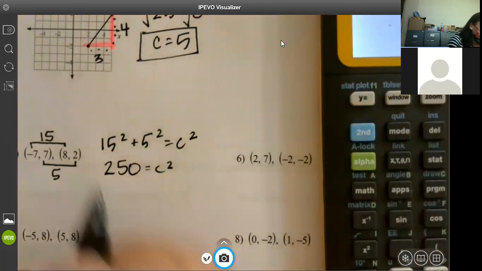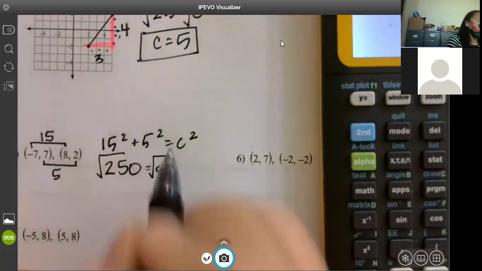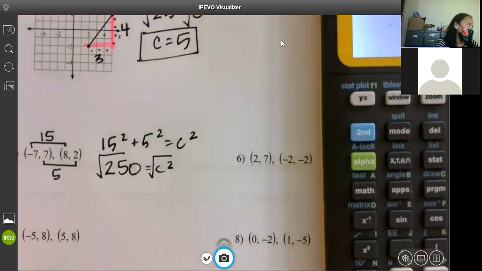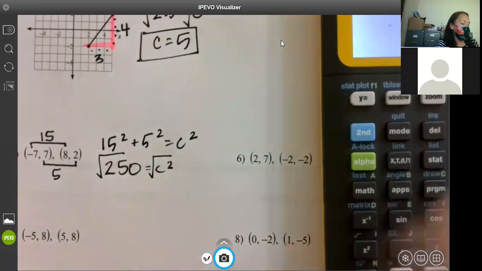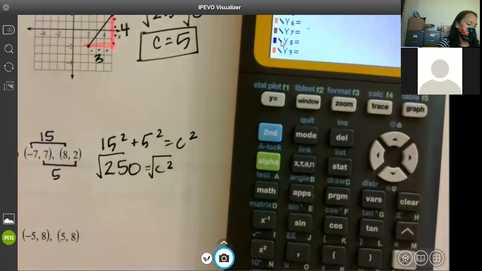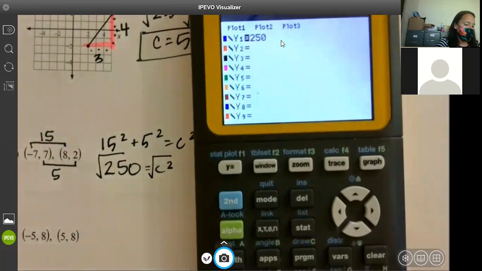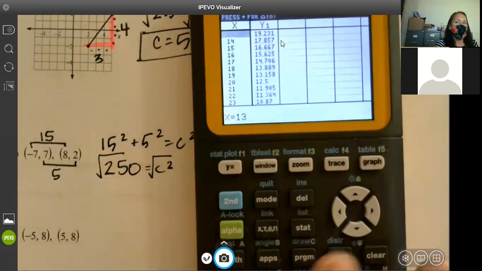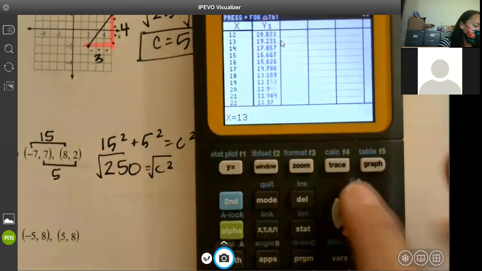Or we can review breaking it down, which is exactly what we're going to do because on goal 3, that's what you're going to be doing, okay? So factors of 250. We don't know them, which is fine. We go into y equals and do 250 divided by x. Second graph, and we see some crazy big numbers.